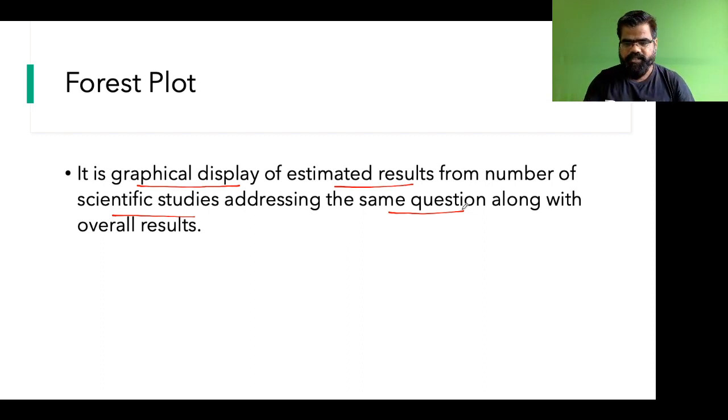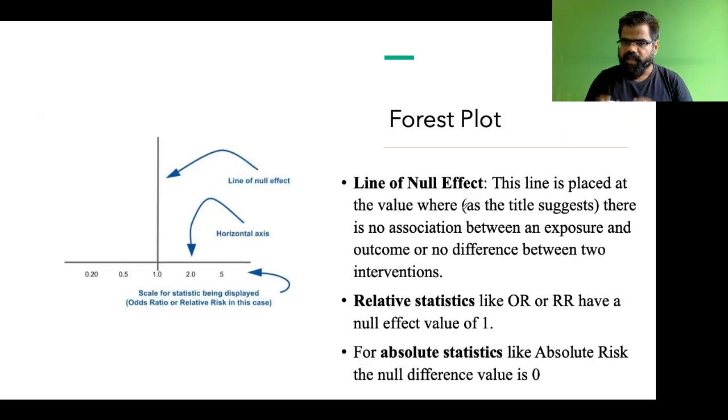Now try to understand how it is done. It is very easy. We take a horizontal axis and then we take a vertical line. This vertical line is your line of null effect. What is this line of null effect?